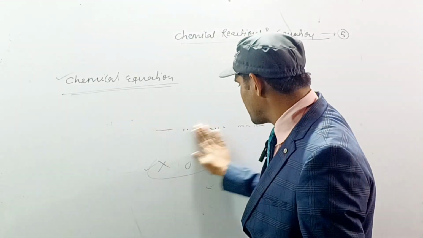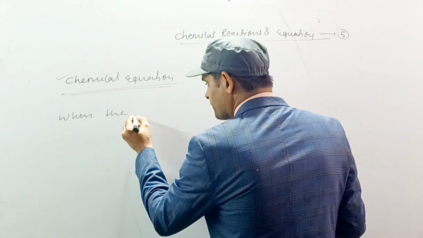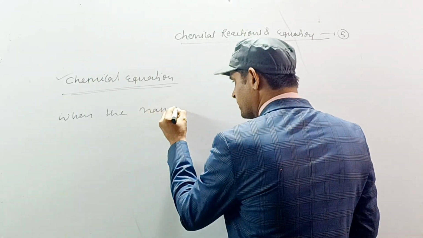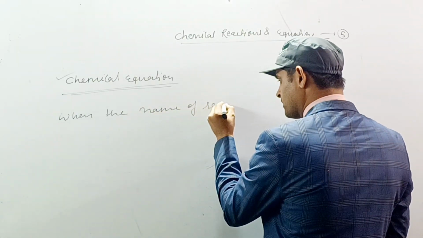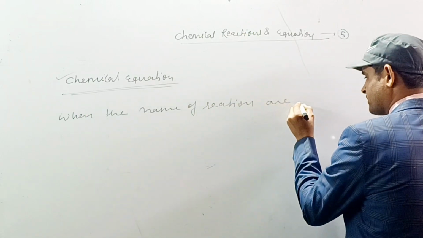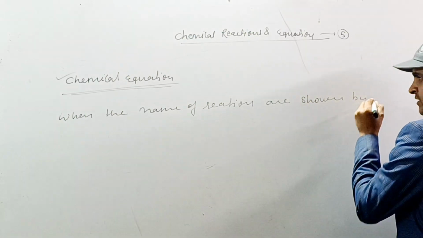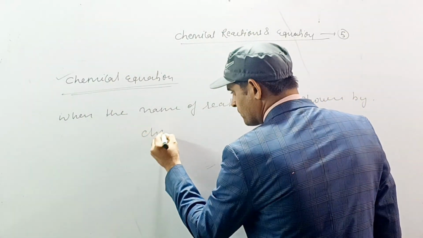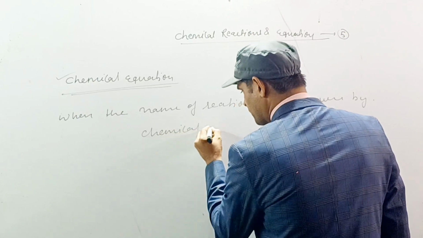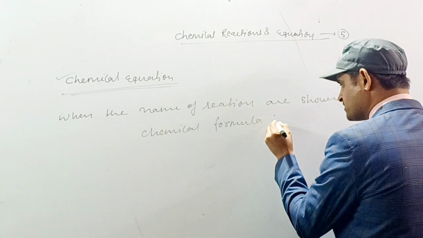So when the name of a reaction is shown by chemical formulas, it is known as a chemical equation.